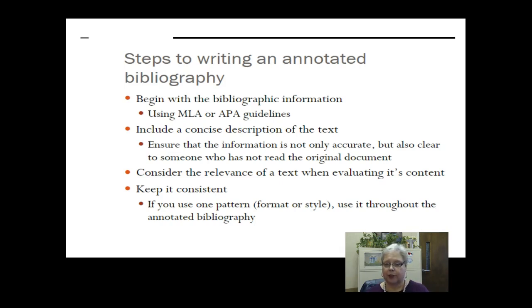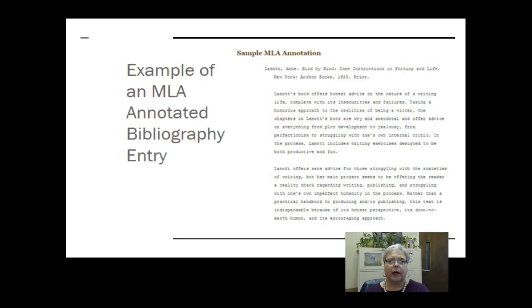So I'm going to show you what pattern we need to use. Here's an example of an MLA annotated bibliography entry. It's kind of hard to read because it's just a picture of something, but it's got the original citation at the top.